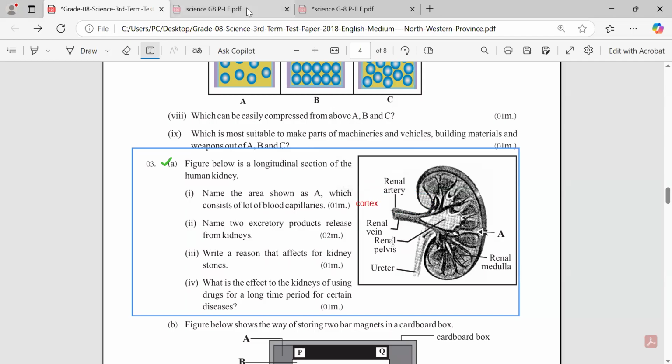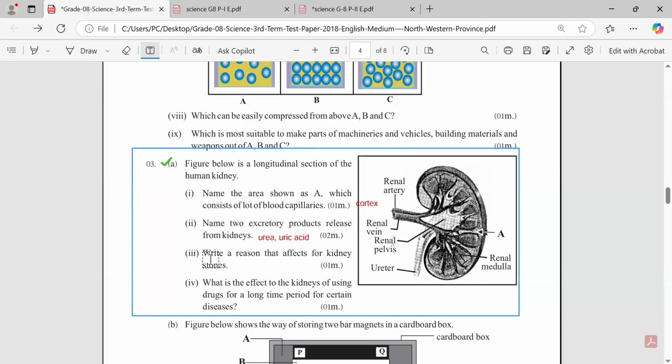Krishev, if I'm spelling your name right, what did you write for the excretory products released from the kidneys? Okay, that's the first one. Second one, two excretory products released from kidneys. Urea and uric acid. Yeah, we can write these two.